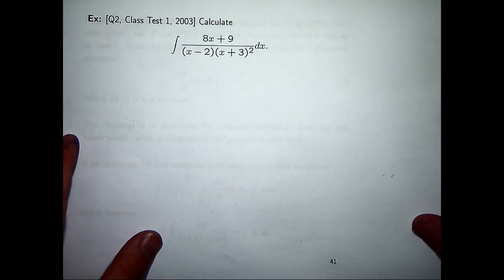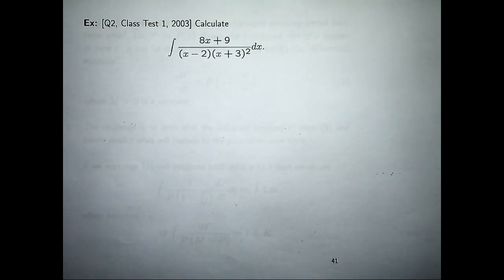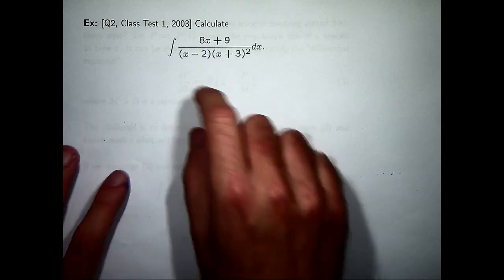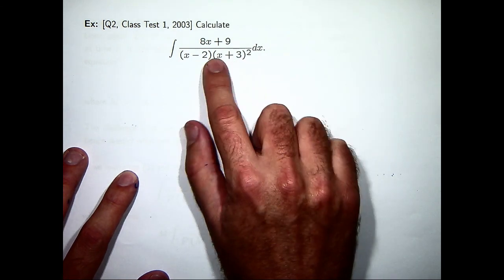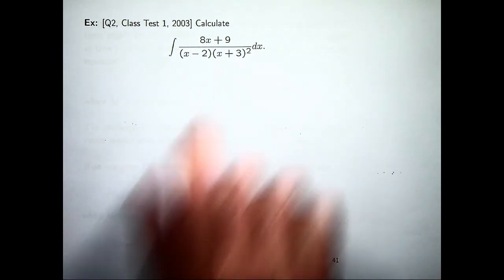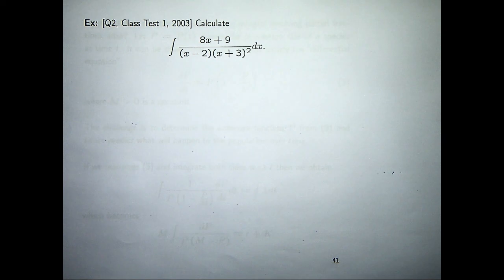Here's a good example from a class test. How can we integrate this problem? Well, let's have a look at the denominator. You've got a linear factor here, x minus 2, and then a repeated linear factor. So we're going to have to break that up in some way.